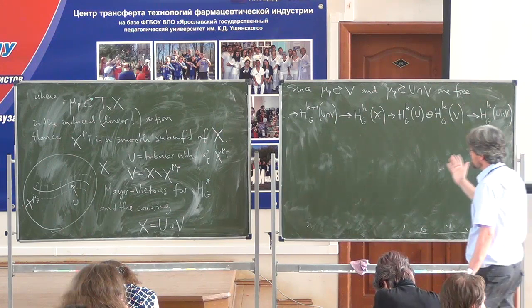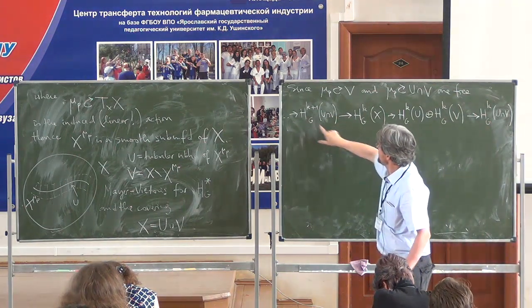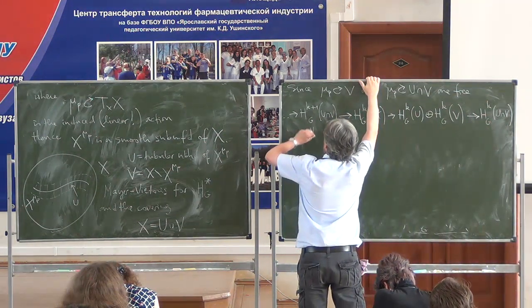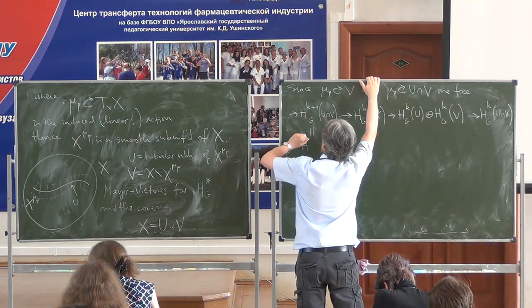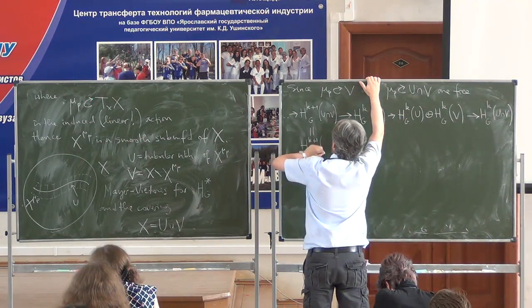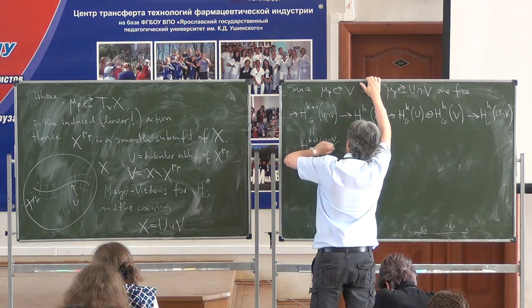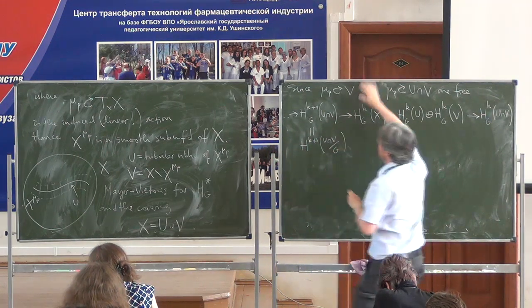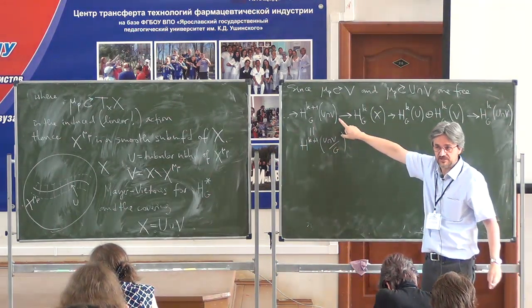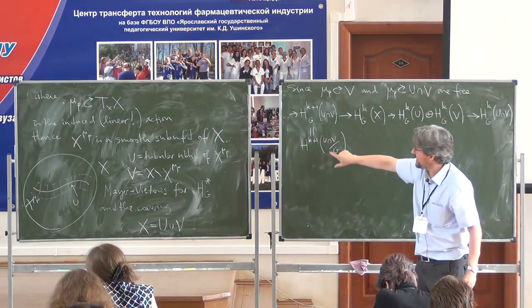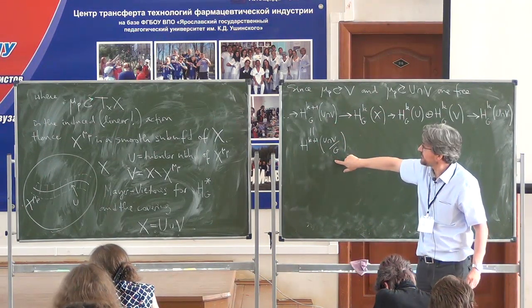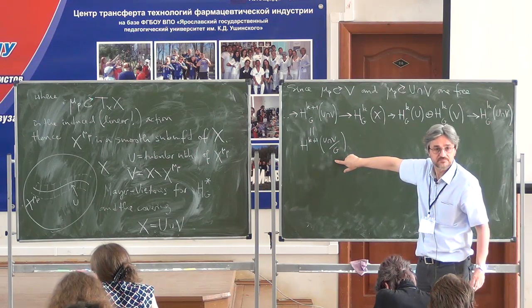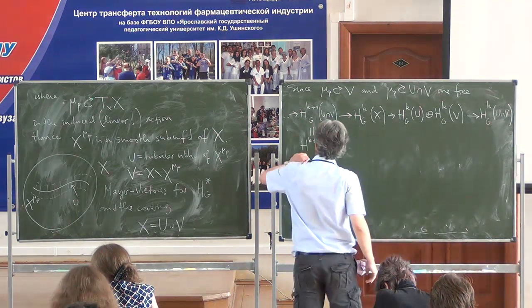So this means that this equivariant cohomology, for example, is equal to the usual cohomology of the quotient, by freeness of the action. And this is a manifold of the same dimension as M.